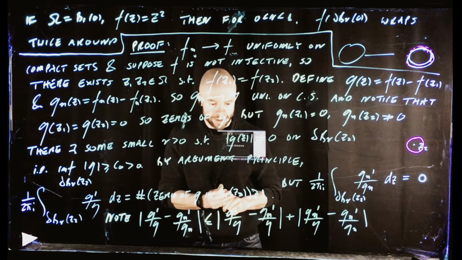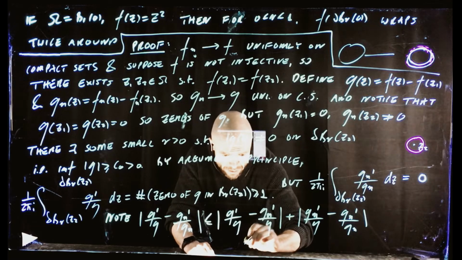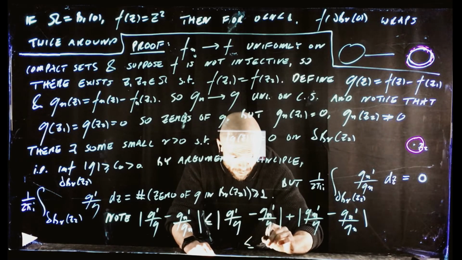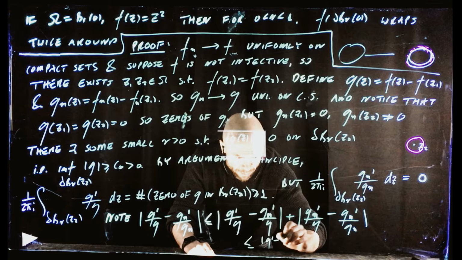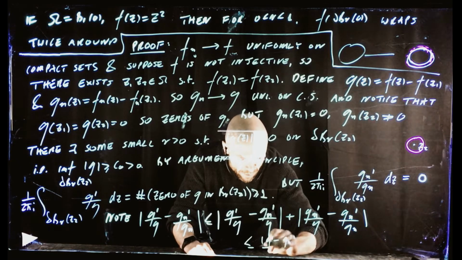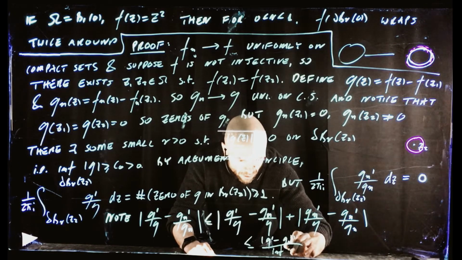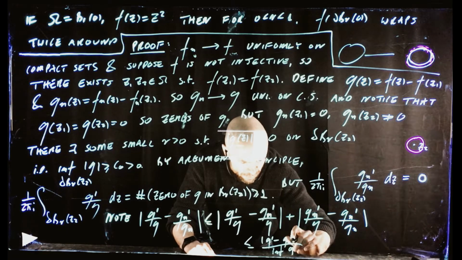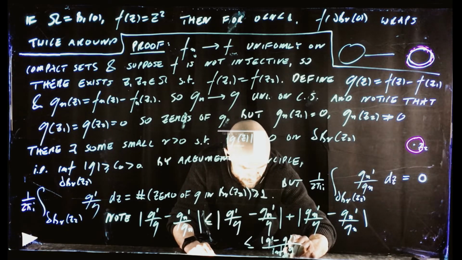And then we could control these guys. So this is less than Gn prime minus Gn prime over the infimum of G on the boundary. Running out of space, I'm just going to write like this.